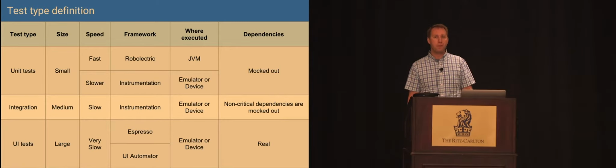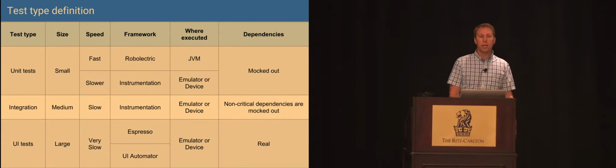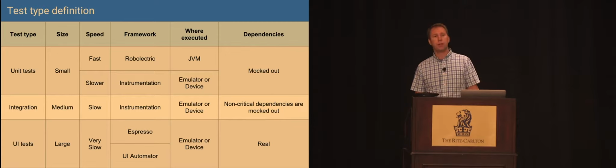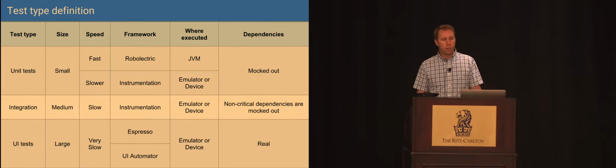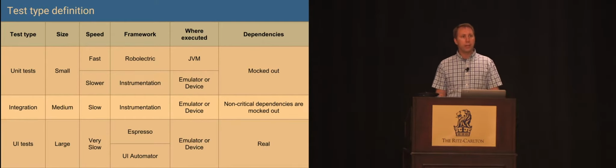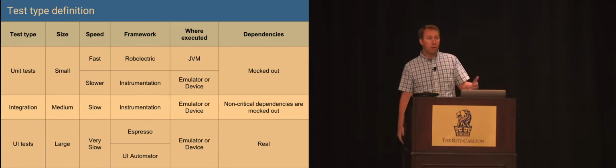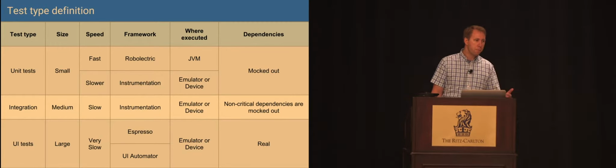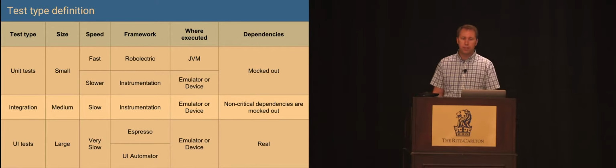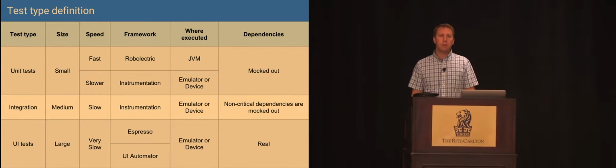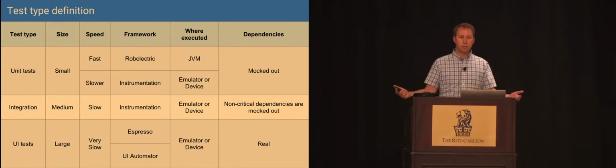At Google, we prefer the Robolectric test framework, which runs on the JVM. Another option is instrumentation tests that can run on emulators or devices. Those tests are a bit slower because you need to spend some time to bring up the emulator if you're using one. And the key point for unit tests is that all your external dependencies should be mocked out.